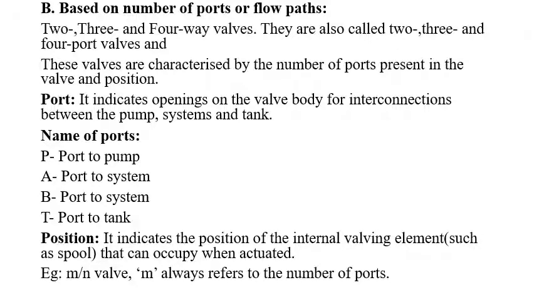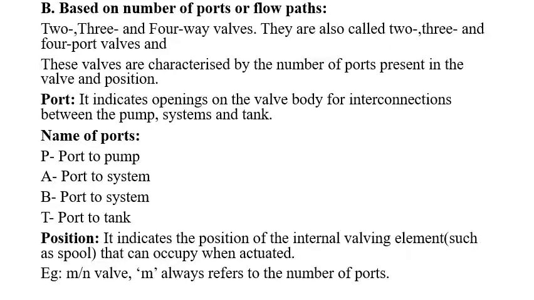Port means the openings on the valve body for interconnections between the pump, system and tank. One of the methods of designating a valve is by the number of ports.